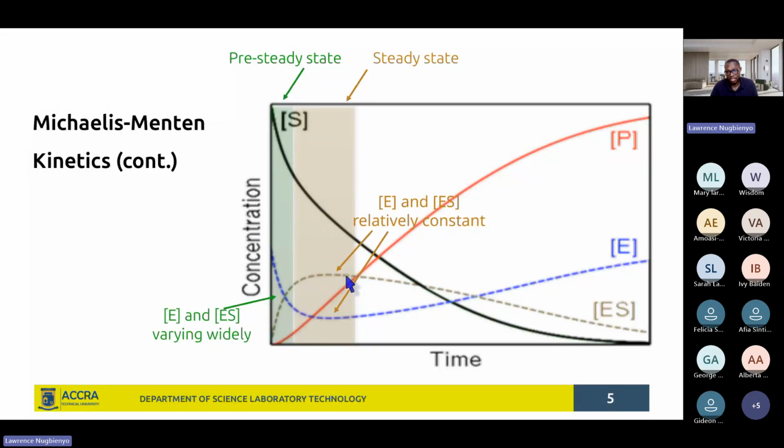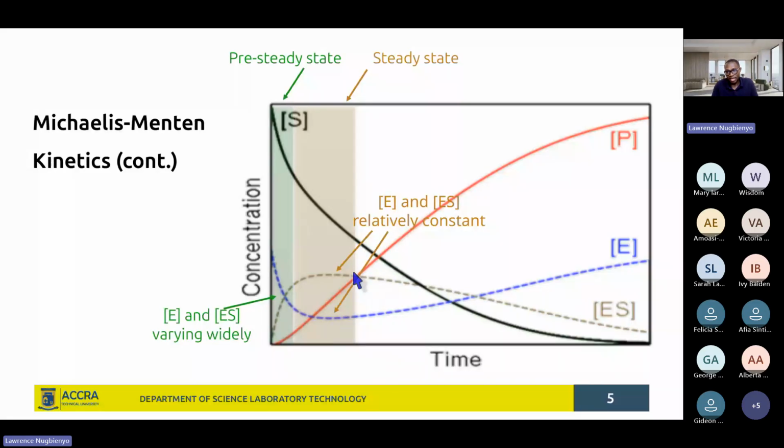And once all the enzyme which is present in the reaction mixture is bound to a substrate, there will not be any change in that enzyme substrate complex formed again, because all of it is saturated, so there will not be any further changes in the concentration of the enzyme substrate complex. Similarly, you have the concentration of the enzyme also being steady at that point, so also constant.